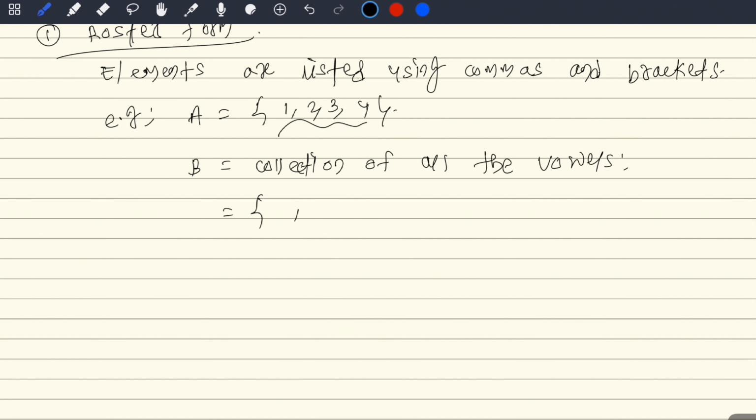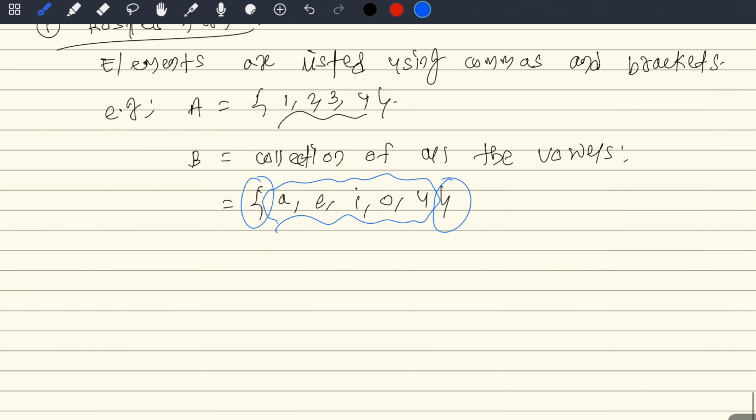What are the vowels? a, e, i, o, u. So writing all the elements in the form of commas with curly brackets is called roster form.